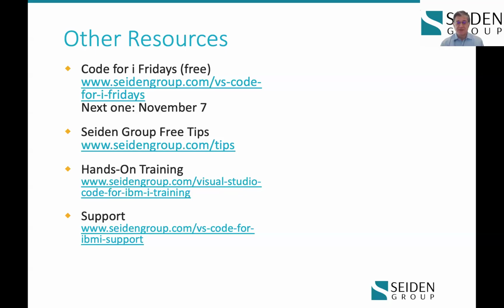And the next meeting is going to be Friday, November 7th. You'll see what everyone's doing with this tool, updates, people ask support questions here and there when we have time, troubleshooting. They're a great community meeting. I recommend you come to that. It's basically seidengroup.com/fridays as a shortcut to that.